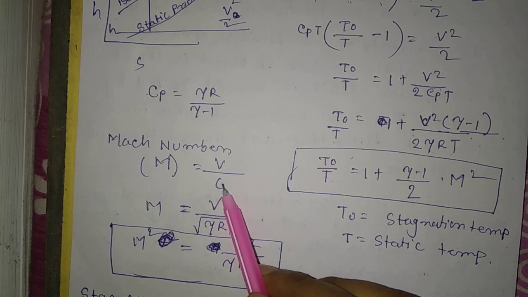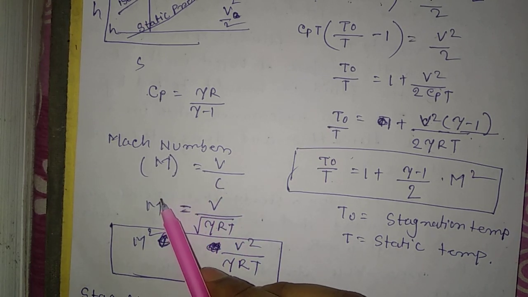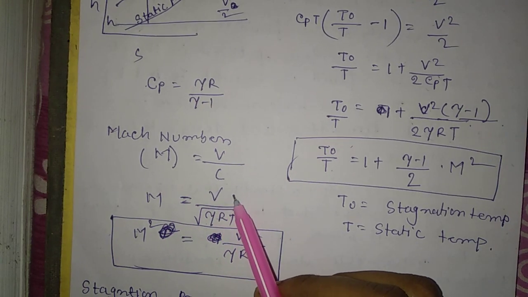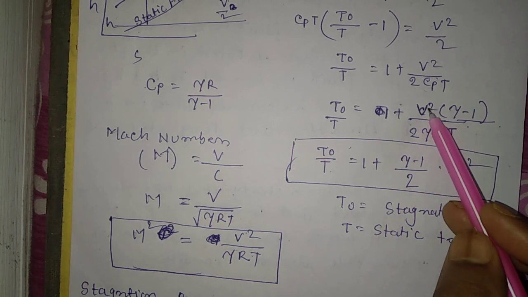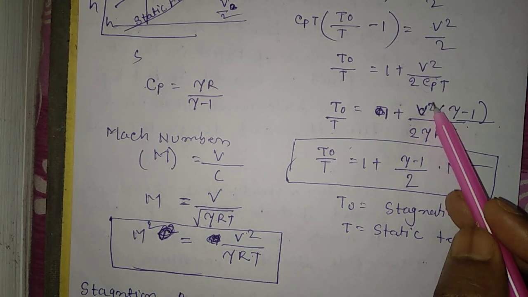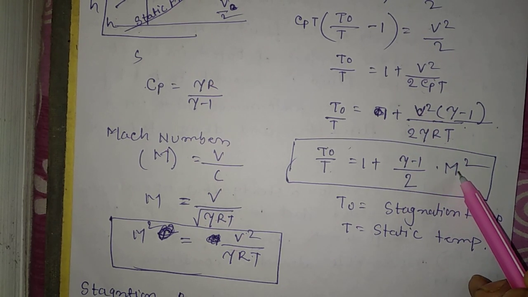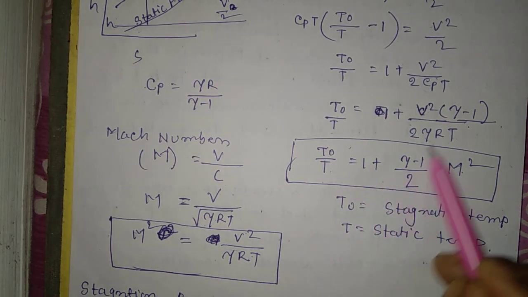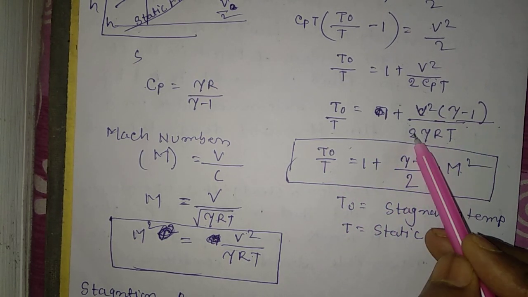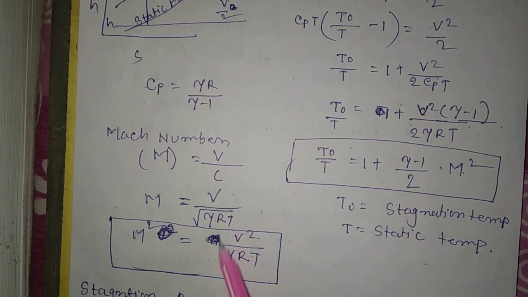So in terms of C here you can write gamma R T. If it is squared, M square is equal to V square divided by gamma R T. In terms of that, V square divided by gamma R T, you can write here gamma. So T0 by T will be 1 plus gamma minus 1 by 2, and this one will be your M square.